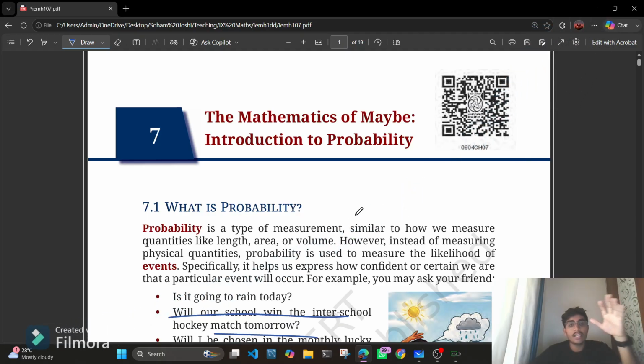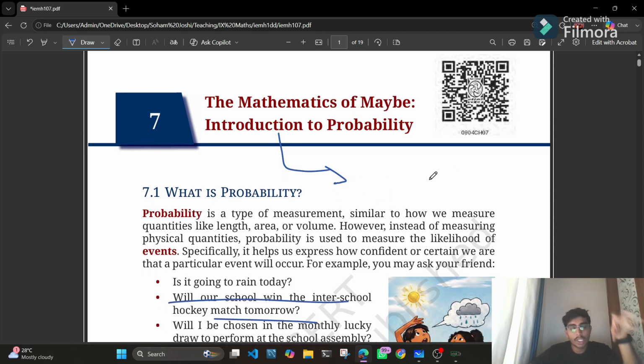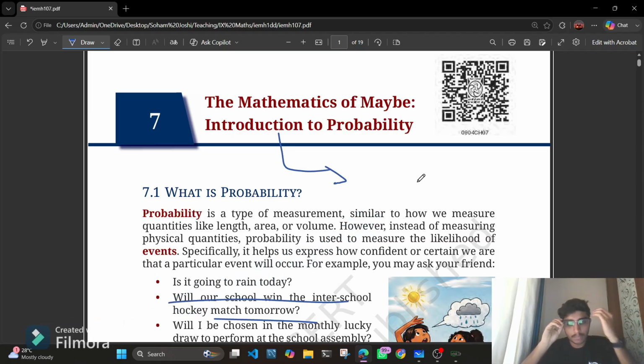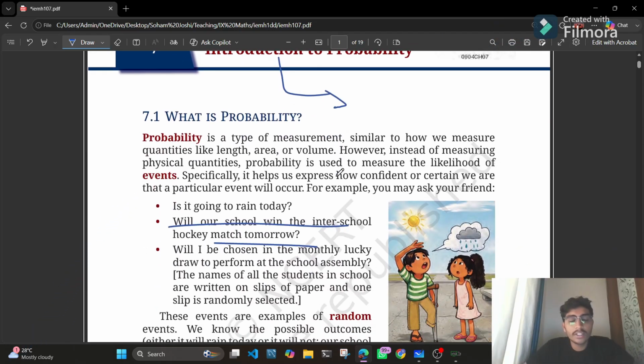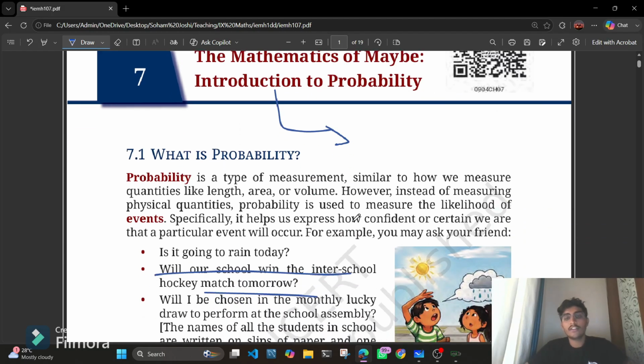Probability is one of the chapters in mathematics that for me is a bit difficult to solve because I'm not very good at predicting and assuming things and using logic, but that's okay, not a problem. Practice makes a man or woman perfect. So practice it, go through the textbook, revise all the concepts, solve all the exercise questions as well as the solved examples. I hope you have understood all the concepts.